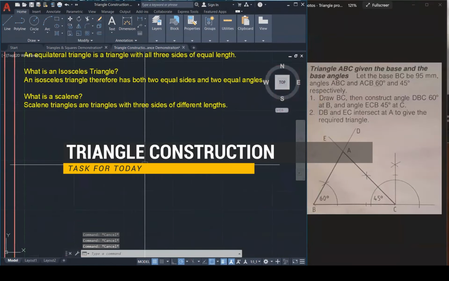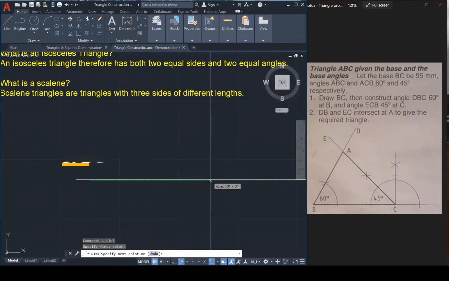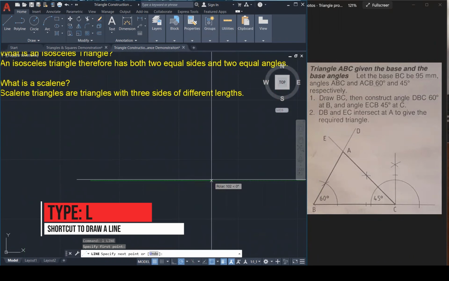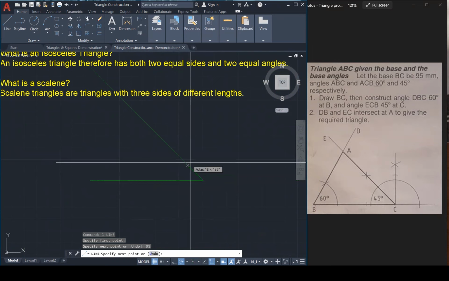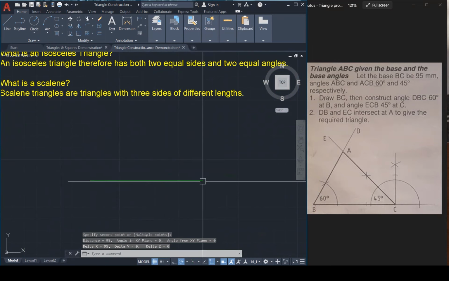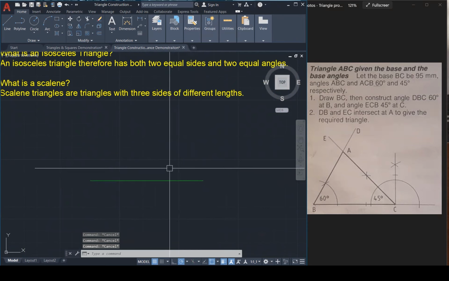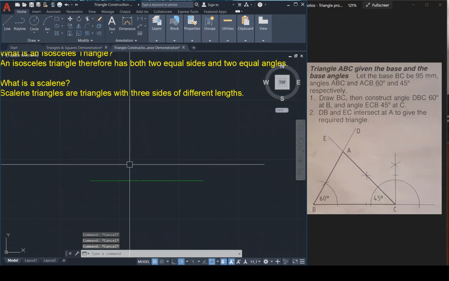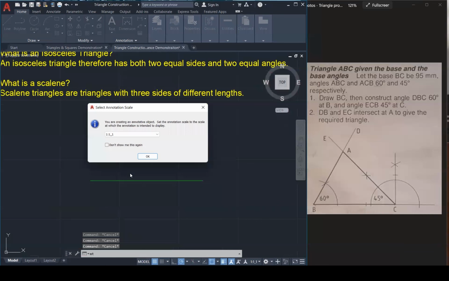So let's start. Alpha line, and I'm going to draw a line, and I'm going to call that line 95. Let me just check. 95. And that is going to be BC.